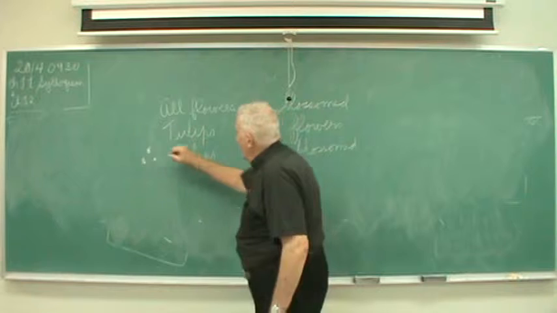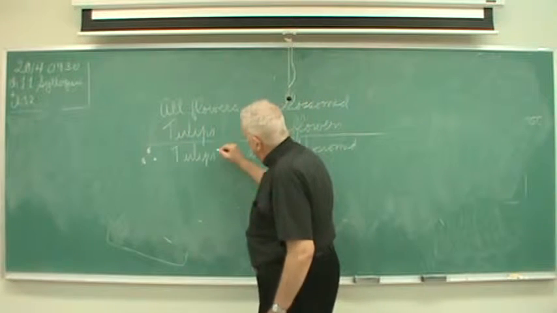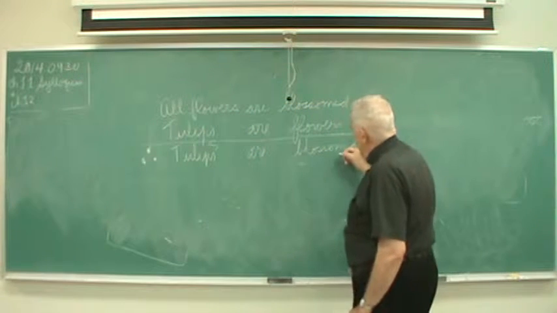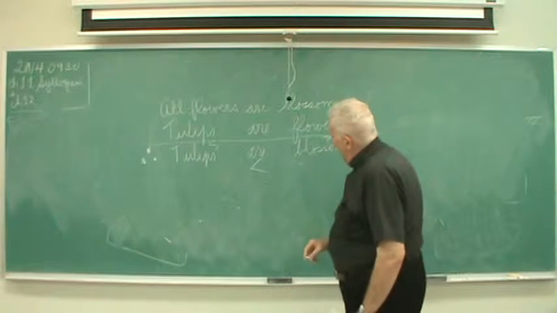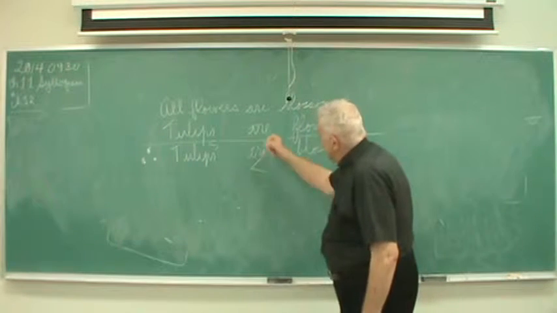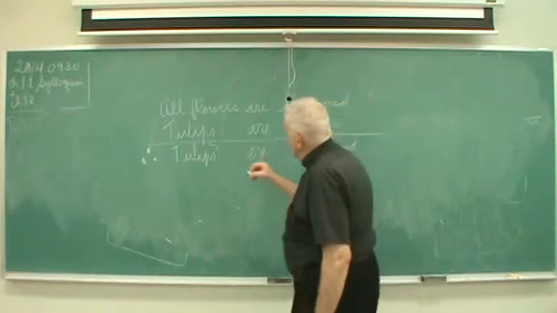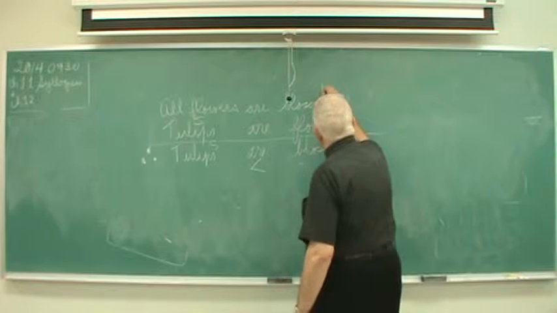Well, first, go to the conclusion and identify the subject, tulip, and identify the predicate. That is not difficult. If there is a negative, you must add one negation here. So you identify tulip, subject, blossom, predicate.